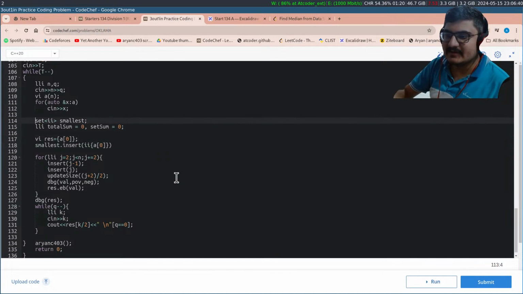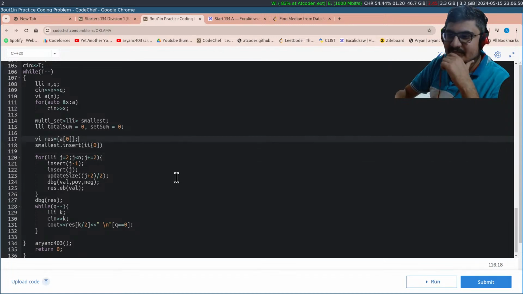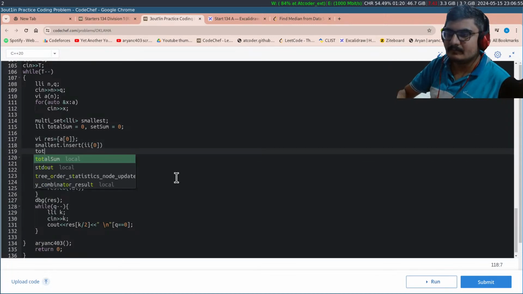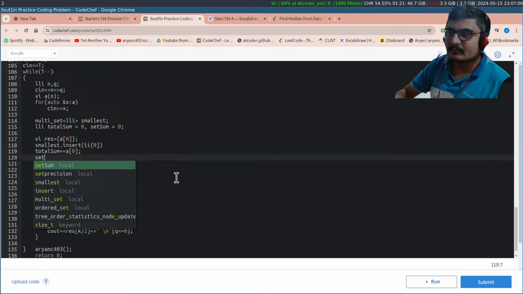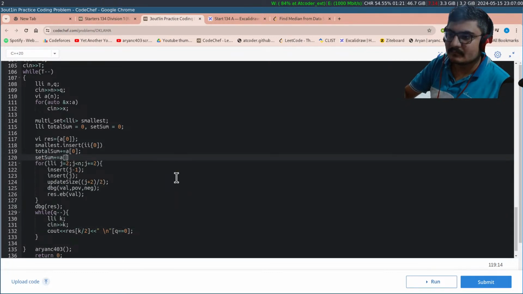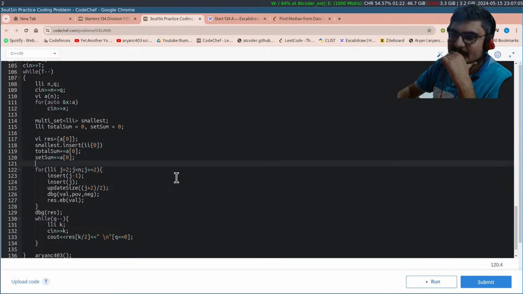Let's just use a multi-set. And this is the first value. We don't need the first value, or we probably need the first value in the set.